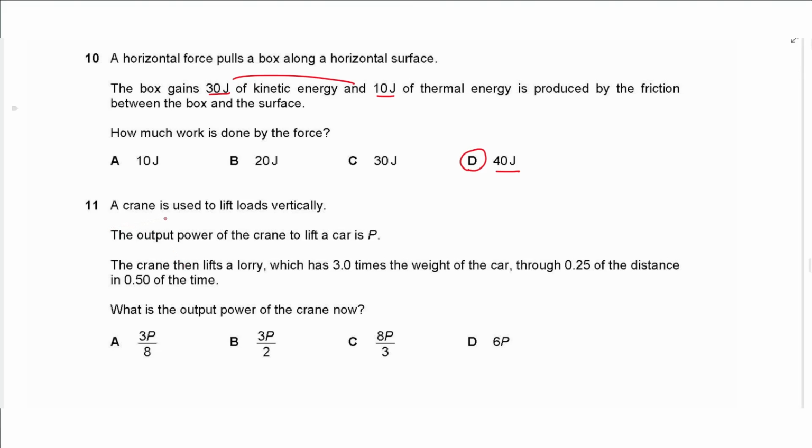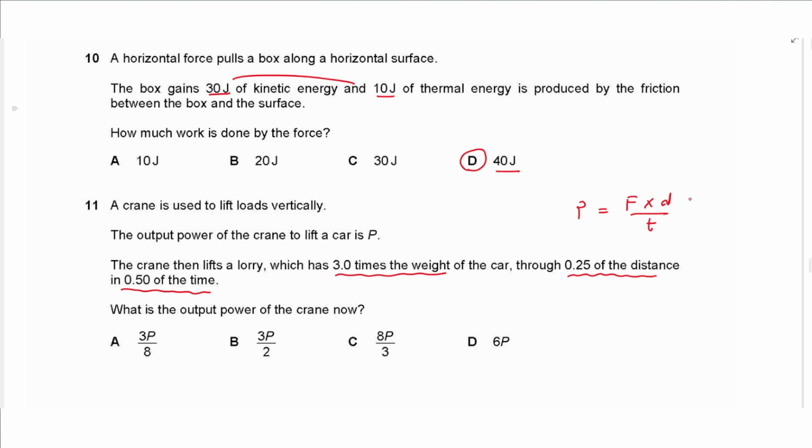Question 11 says a crane is used to lift loads vertically. The output power of the crane to lift a car is P. The crane then lifts a lorry which has 3 times the weight, so 3 times the work, of the car through 0.25 of the distance, so that's quarter the work, in 0.5 the time. What is the output power of the crane now? So power is equal to force multiplied by distance over time, or work divided by time.